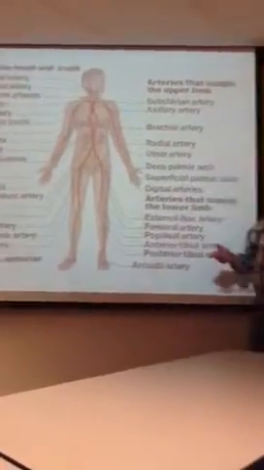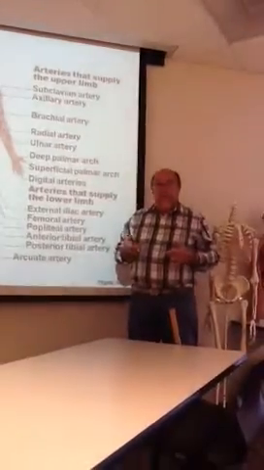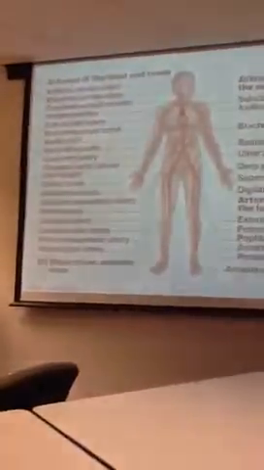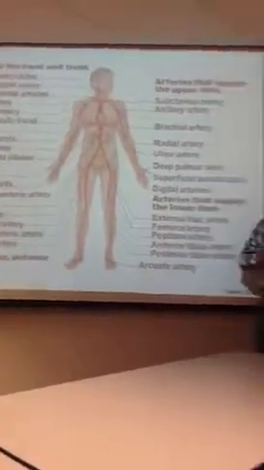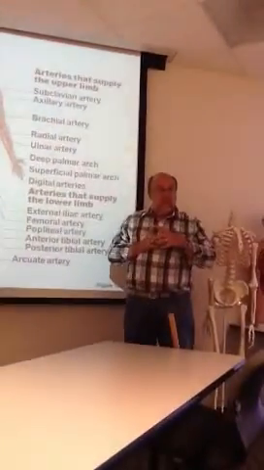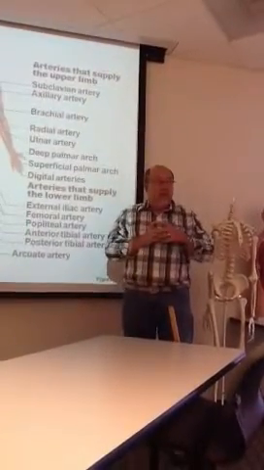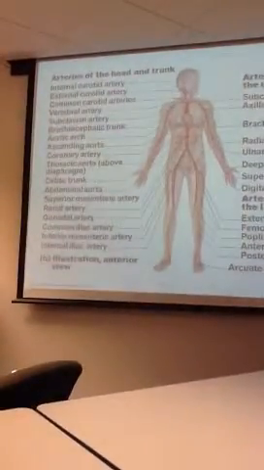Then the next big one is the superior mesenteric, and it's going to catch the midgut, the small intestine and part of the large intestine. Then the one after that is the inferior mesenteric, and it's going to catch the rest of the intestine, some of the sigmoid and the superior rectum.